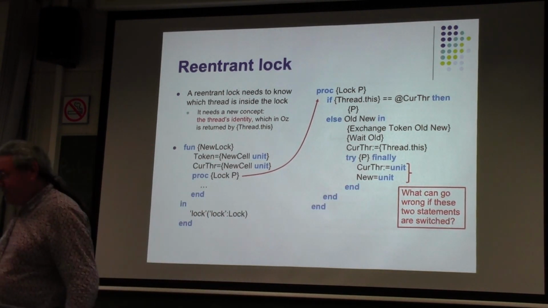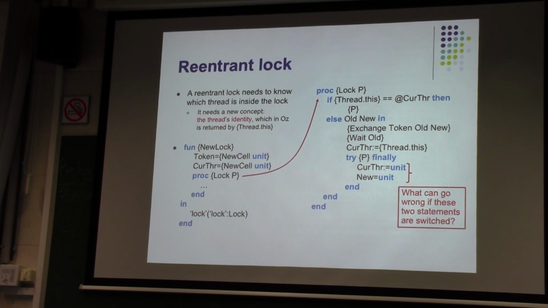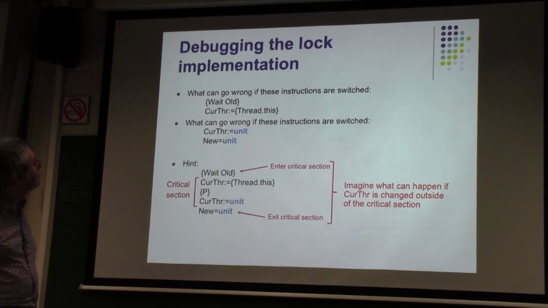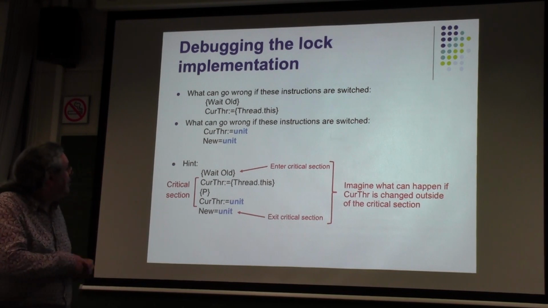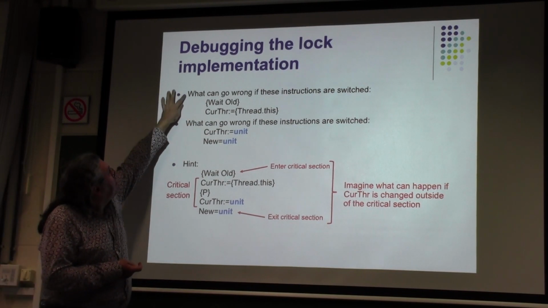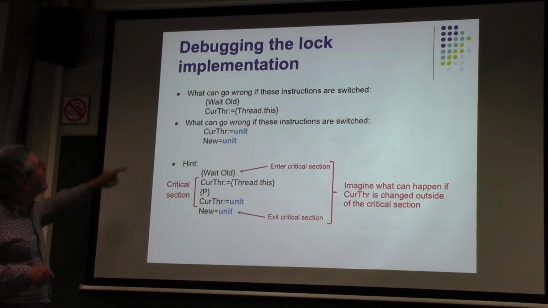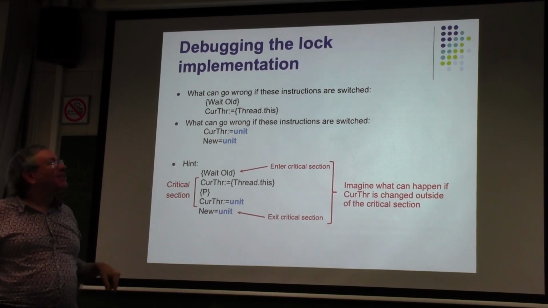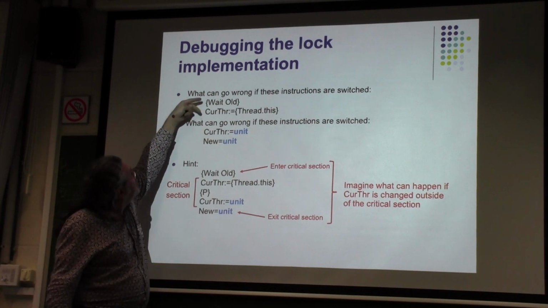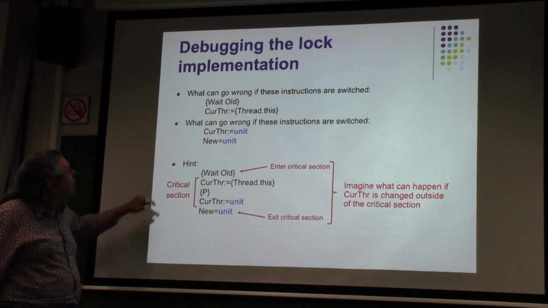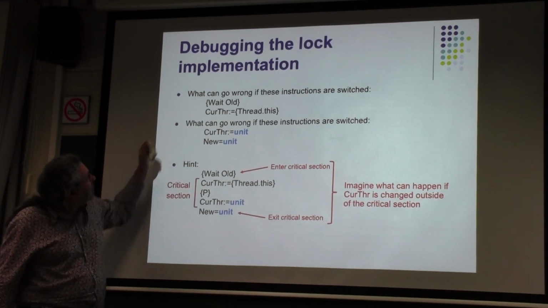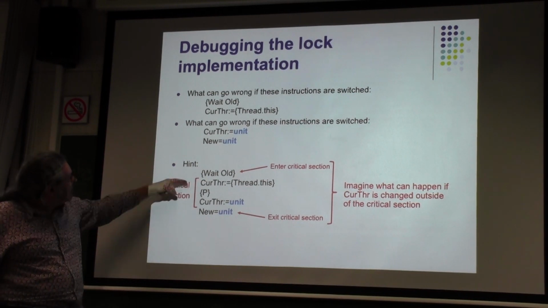So debugging is important. You have to be able to answer these questions. To be very clear, these could be exam questions. What can go wrong if these two instructions are switched? Here's the hint.